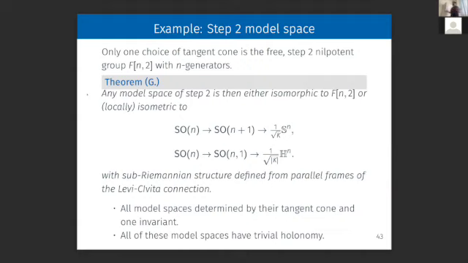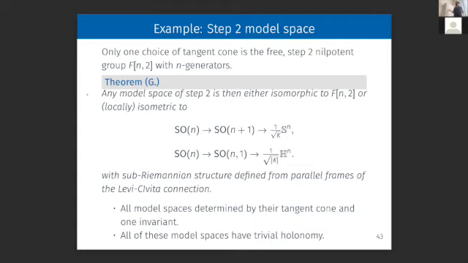if you zoom in on any such model space, then they will all have to have the maximal growth vector, meaning that they will all look like the free group on n generators with 2 steps.